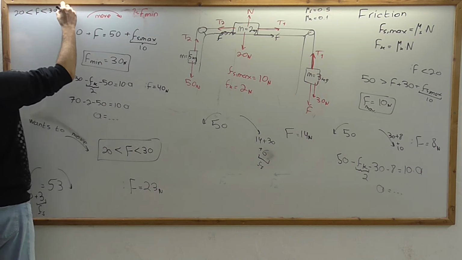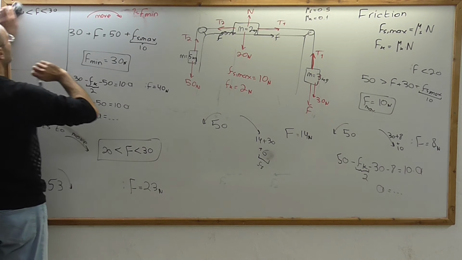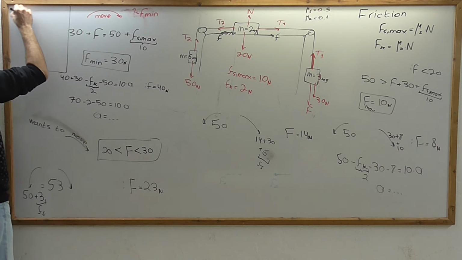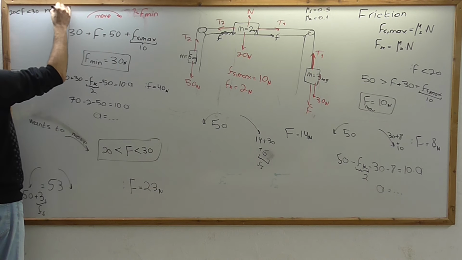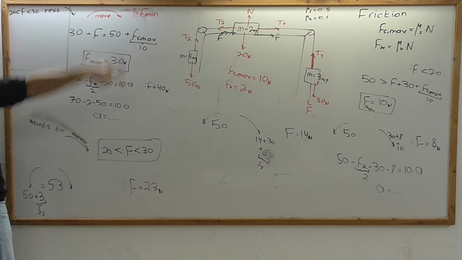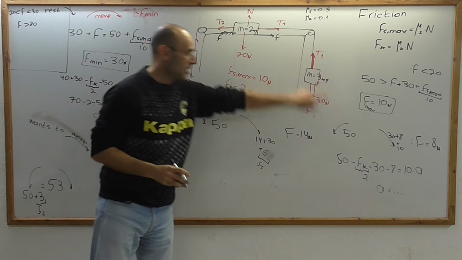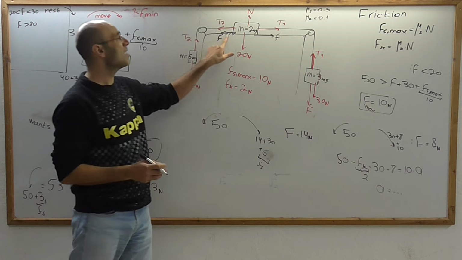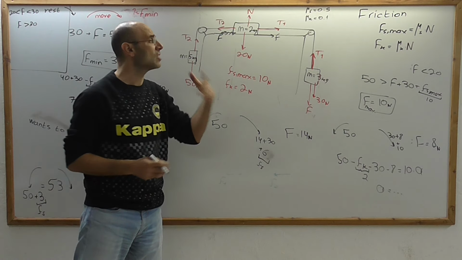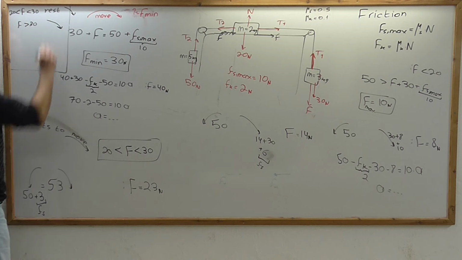F between 20 and 30, rest with tendency to move that way. If F is bigger than 30, I'll have more than 60 here, 50 here. The friction won't be able to adjust itself to me, so it will accelerate that way. It will move.